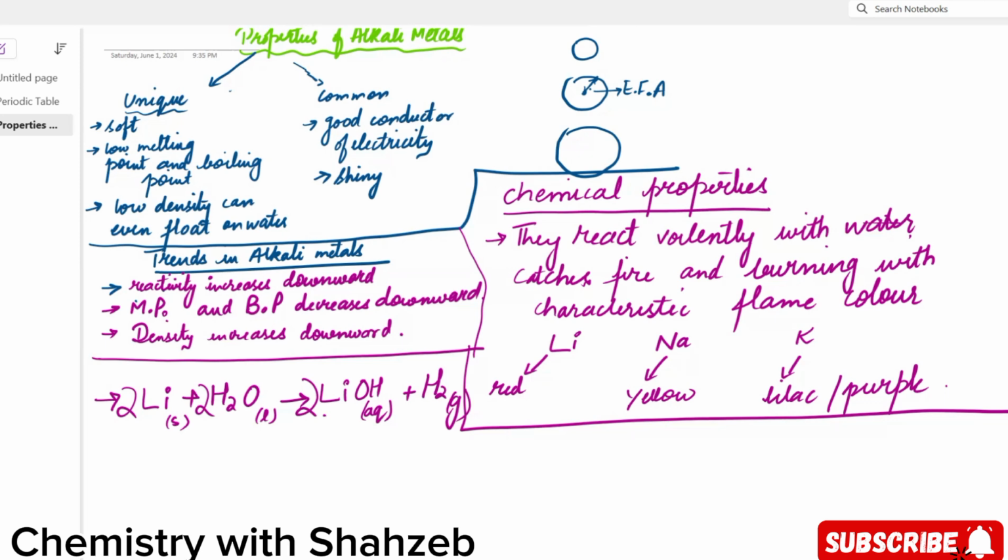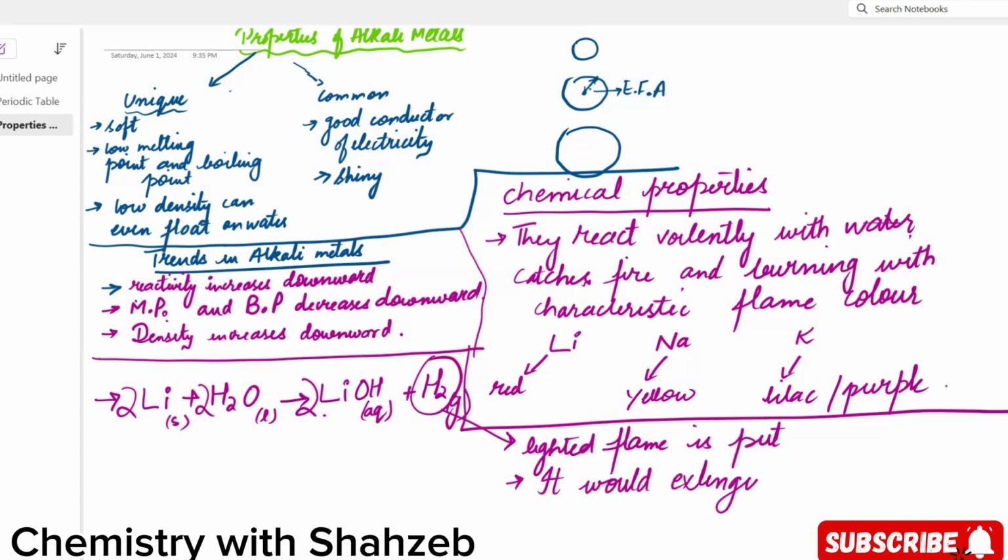And how is hydrogen tested? When a lighted flame is put into the gas jar, it extinguishes with a pop sound. So this is what actually happens here.